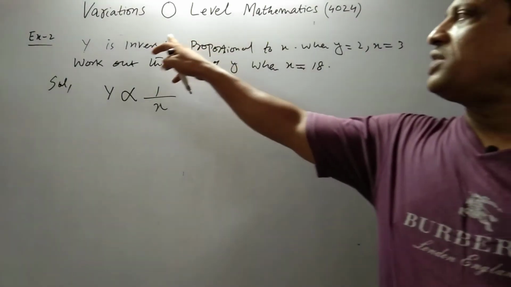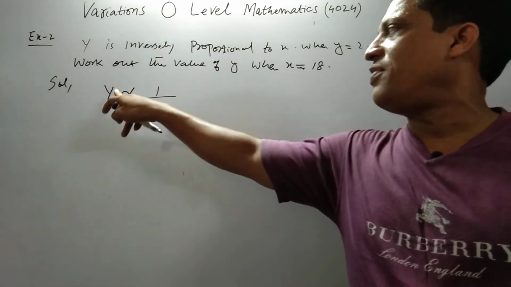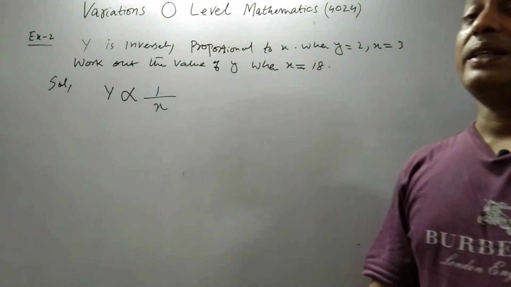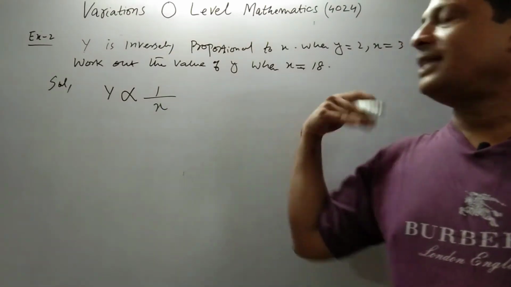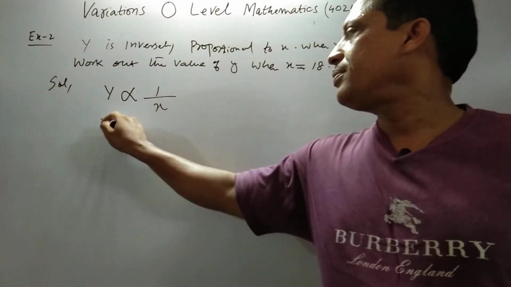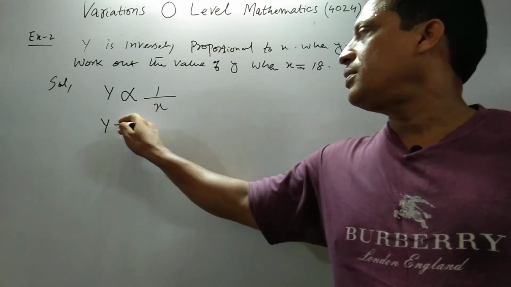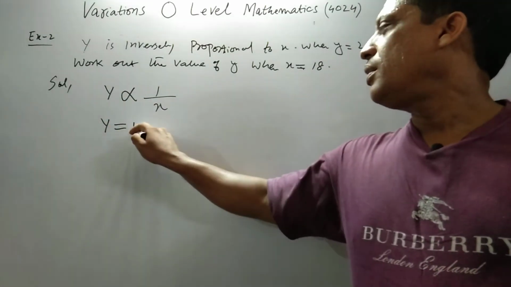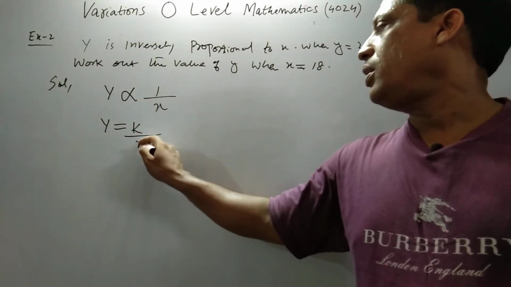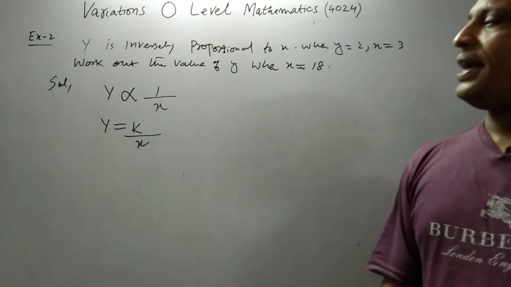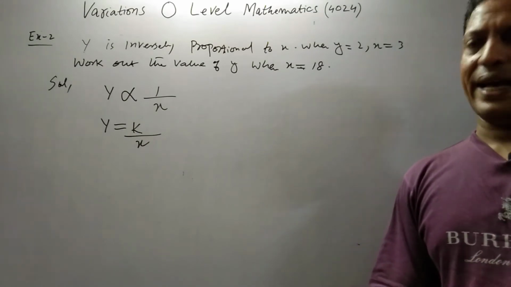And if this question is directly proportional, then we just write y is proportional to x. But this is inverse relation, therefore we should write 1 upon x. The second step is drop this sign, put equal sign, put constant of proportionality upon x. So y is equals to k upon x.